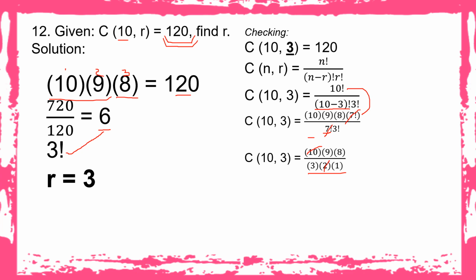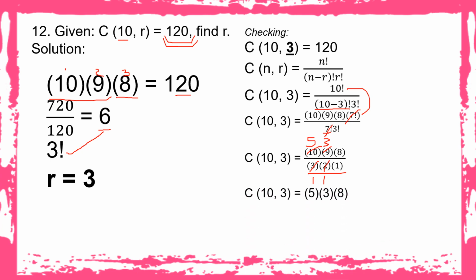We can cancel 10 and 2 by dividing by 2. The answer is 5, and in our denominator, the answer is 1. Same with 9 and 3 in our denominator: we can divide by 3, so the answer is 3 and 1.